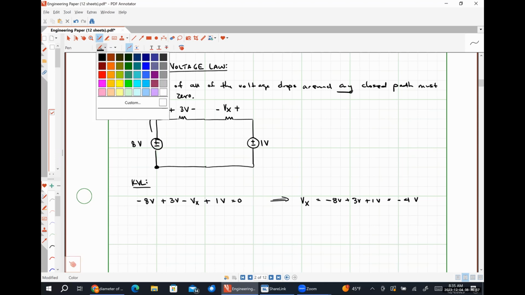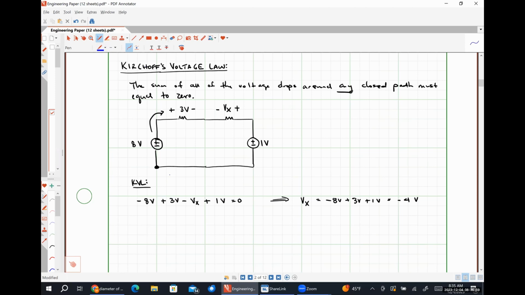Let's do it in blue. So I would have negative 1 volt plus Vx minus 3 volts plus 8 volts is equal to 0, leaving Vx on the left-hand side and moving all of the other stuff to the right-hand side.